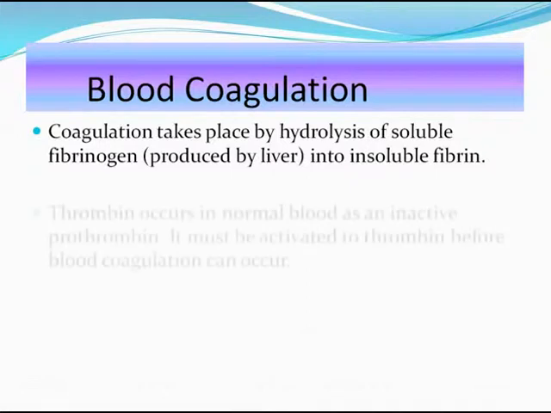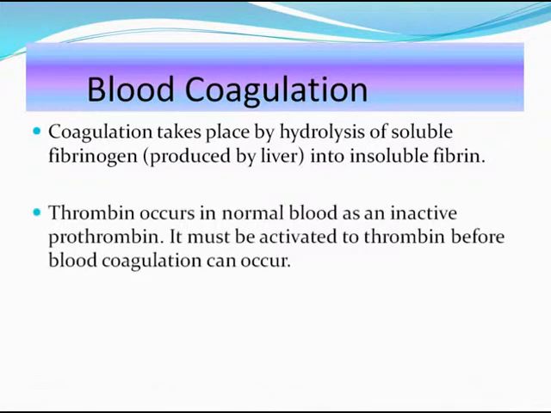And what is the actual process that happens in blood coagulation? First of all, coagulation takes place by hydrolysis of soluble fibrinogen into insoluble fibrin. Secondly, thrombin occurs in normal blood as an inactive prothrombin. And what is thrombin? It's an enzyme.